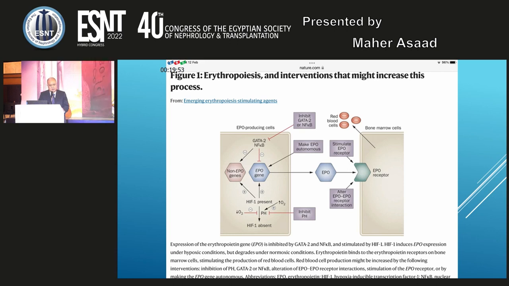The most important stimulus for HIF upregulation is the presence of local hypoxia. Usually the fibroblasts are situated around the peritubular capillaries of the kidney, so they sense the reduction of oxygen carried on the heme molecules.